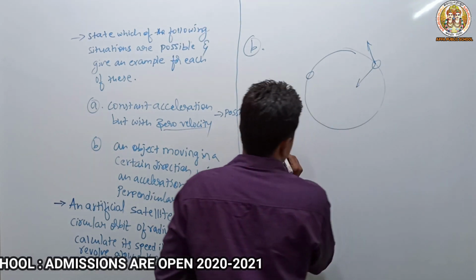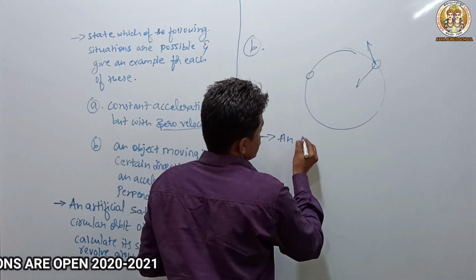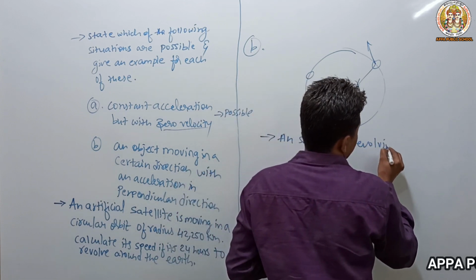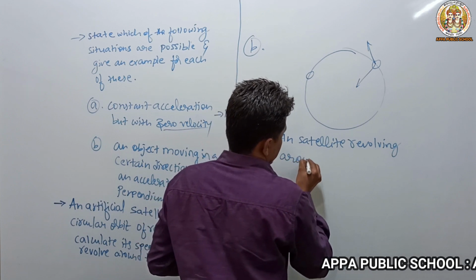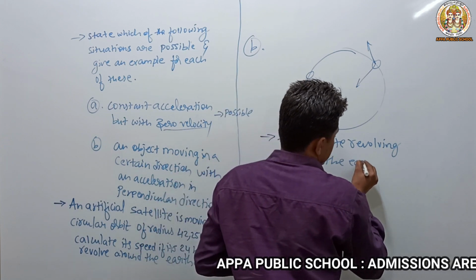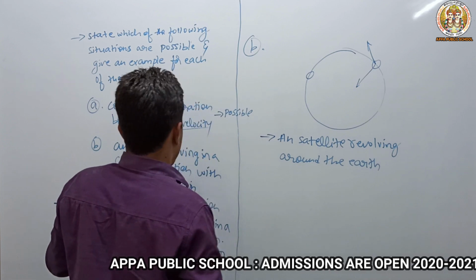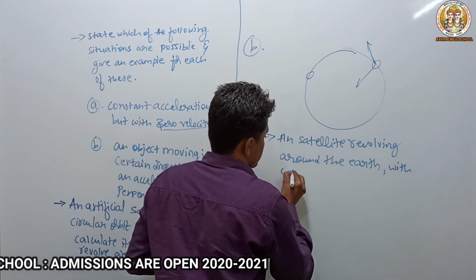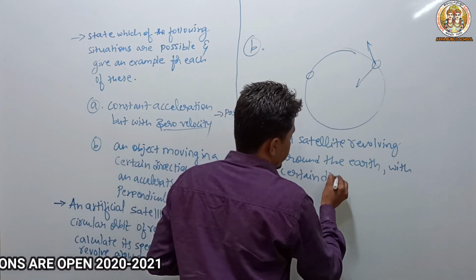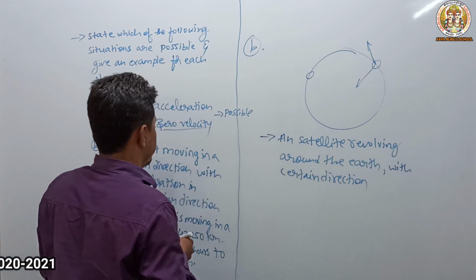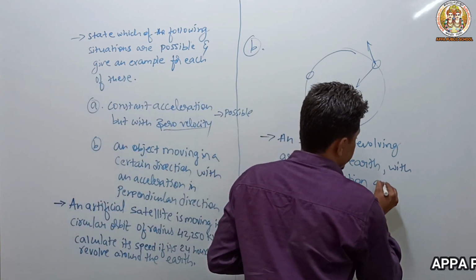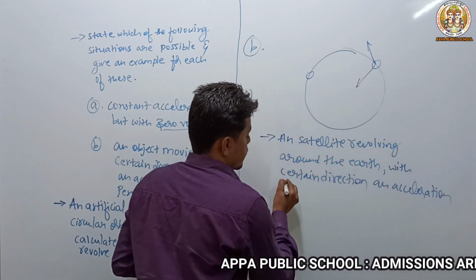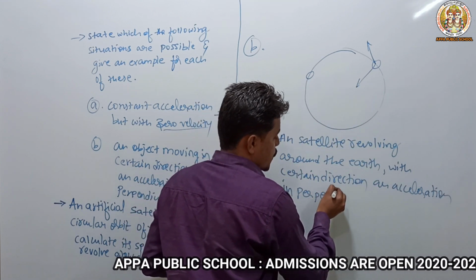We can write the example: satellite revolving around the earth, with certain direction and acceleration in perpendicular direction.